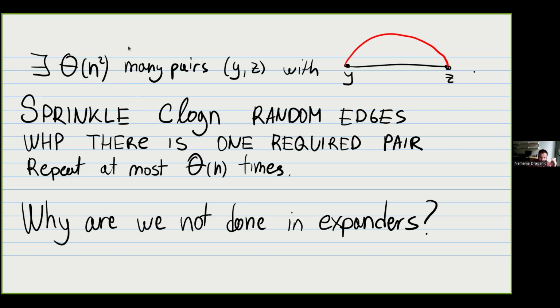The answer is, these pairs which I get here, I don't have any control on them. It's not really vertices between two large linear sets. It's just an arbitrary collection of n squared pairs. And for such an arbitrary collection, because I don't have any control, I don't know if there's an edge in this collection of pairs. So I can't use this in expanders, and I have to find another way to modify maybe the Pósa rotation.